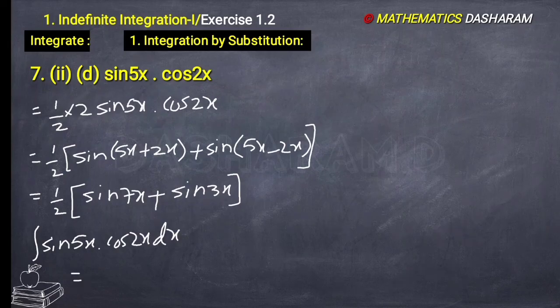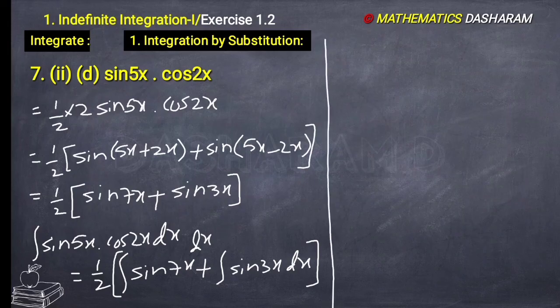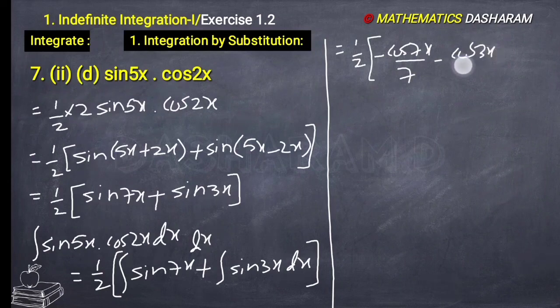It is equal to, here 1/2 is a constant, and apply the integration for each term separately. Take the bracket: sin 7x dx, here also sin 3x dx. So now it is equal to 1/2 [integration of sin 7x is −cos 7x divided by 7, minus cos 3x divided by 3] plus c.